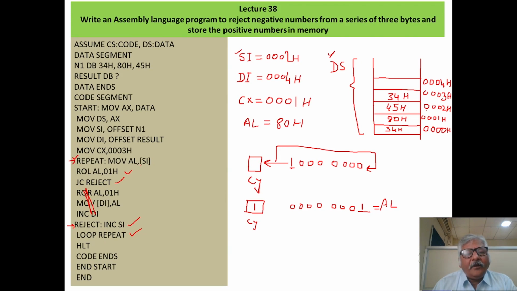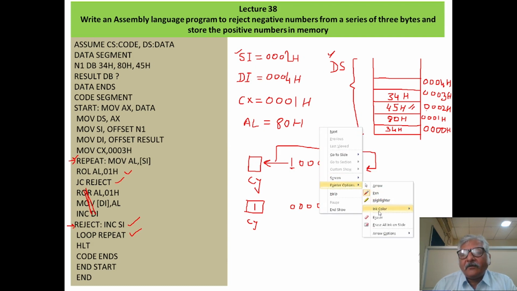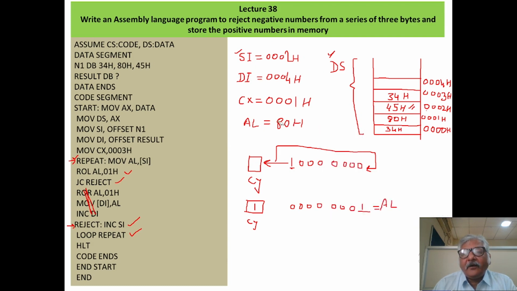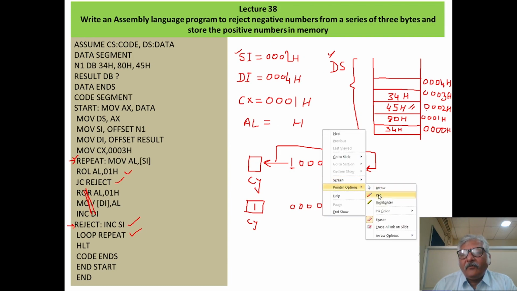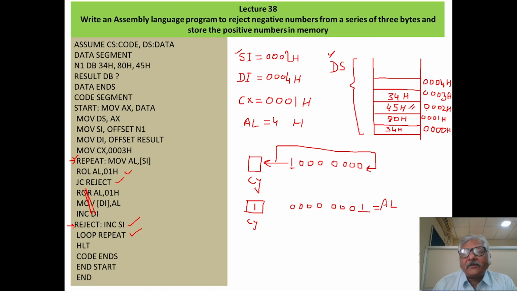Then MOV AL, [SI]. Now in SI we are having 0002. From 0002, our third number 45H will be loaded in the AL register. So in the AL register now we have 45H.